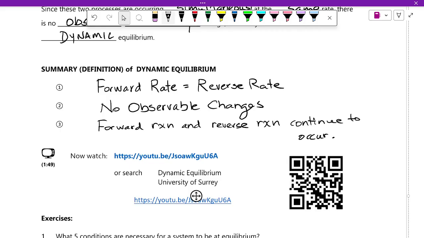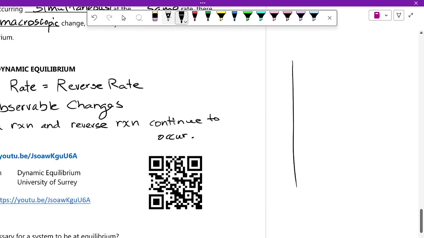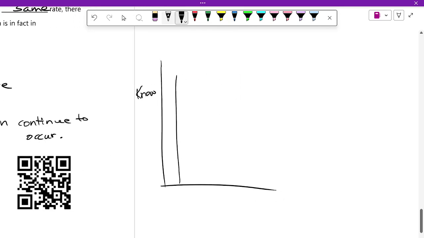Do you guys know about spaced repetition? Spaced repetition is where you learn something and here's your memory. When you learn it the first time, there's your memory. My knowledge is high. Okay? Now, what happens as the days go by?